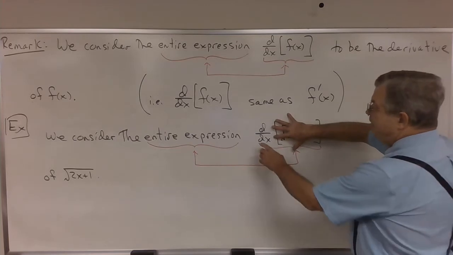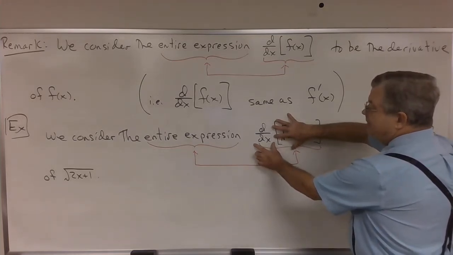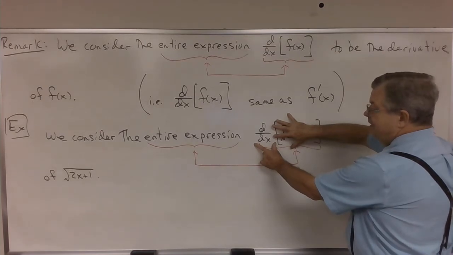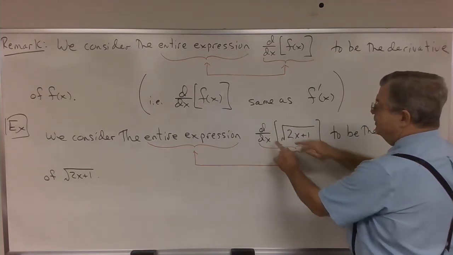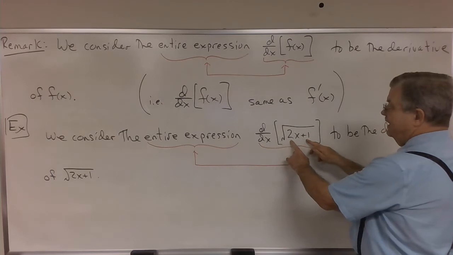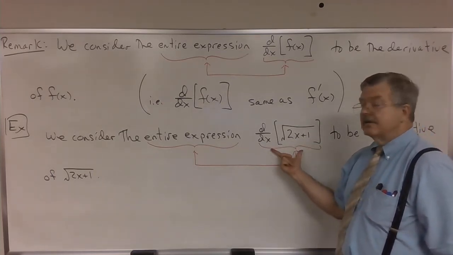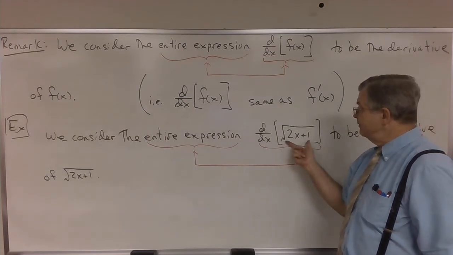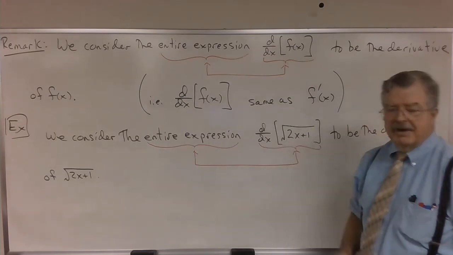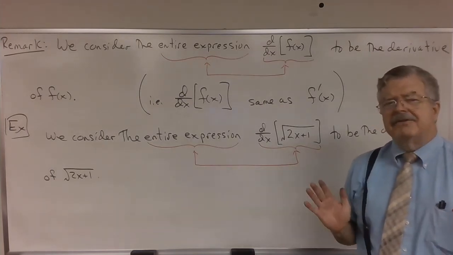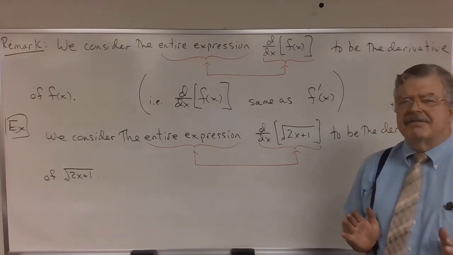Now, by itself, we consider this operator, d dx, to be an instruction that tells us to compute the derivative of what follows. We consider the whole expression to be the derivative of square root of 2x plus 1. Now, why am I making such a big deal out of this notation?